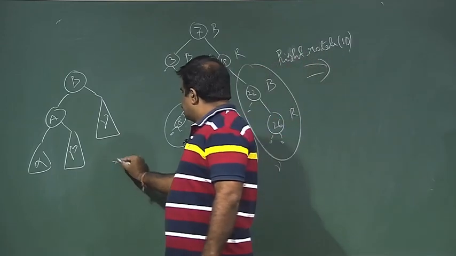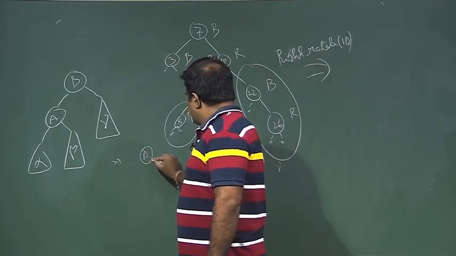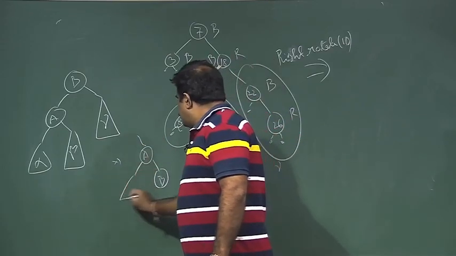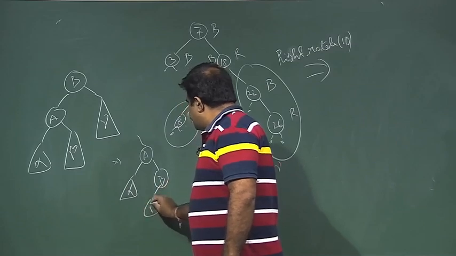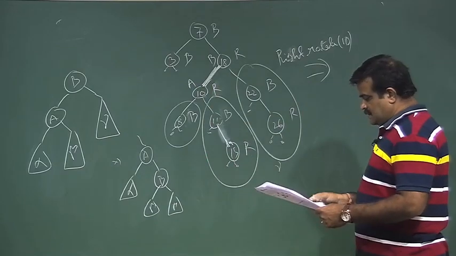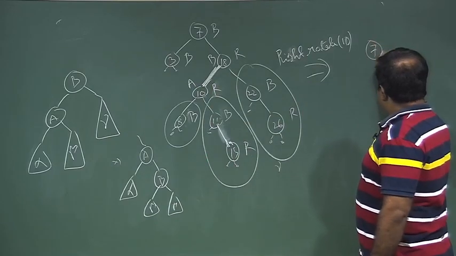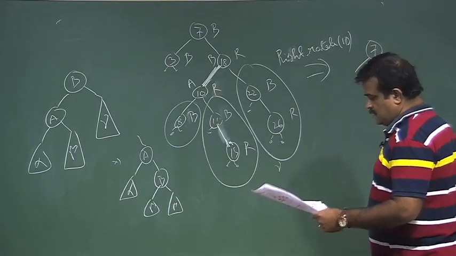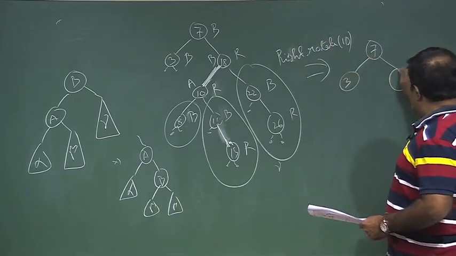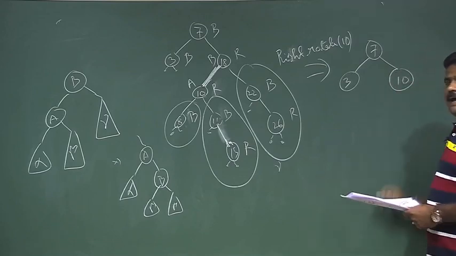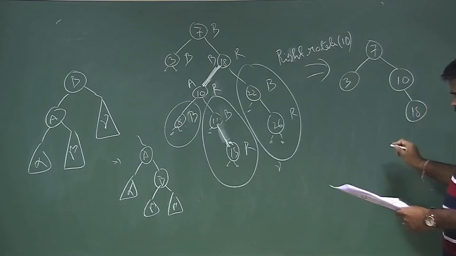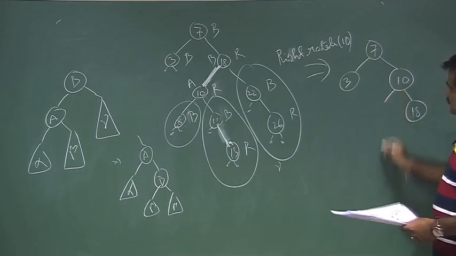After this operation, the situation will be like this: A will be up, B will be down, and alpha will still be hanging over here, and beta will be here, and gamma will be here, like this. Okay, so let us write this after this rotation. So, 7 will be here. This will be unchanged. Now, 18 will come down, and here alpha will remain the same.